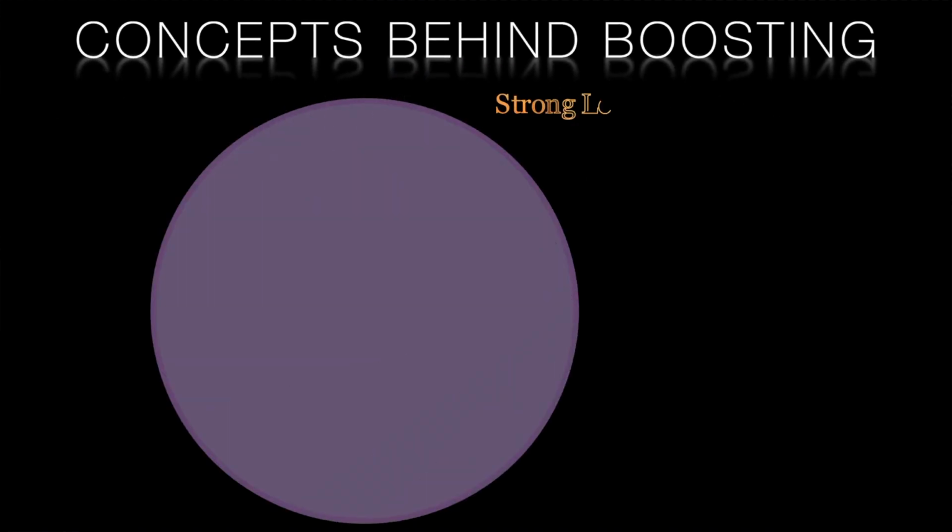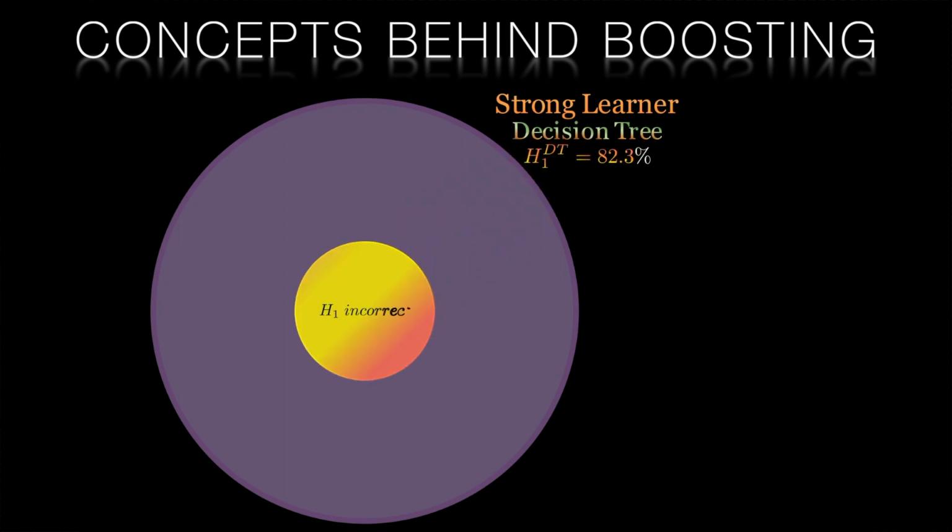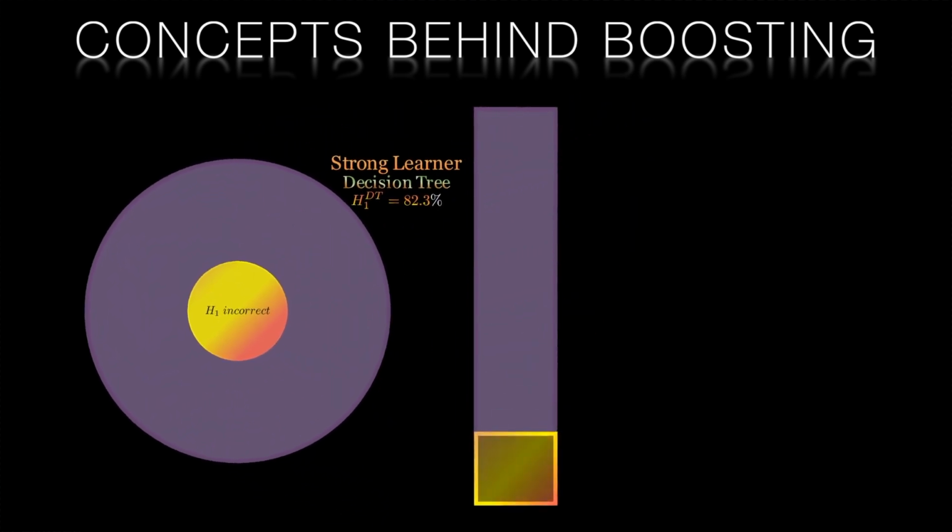Let's describe the key principles behind the boosting technique and then examine the details to see how boosting works in practice. Here we start with a decision tree labelled H1 that has a classification accuracy of 82.3%, meaning that in this sample it gets 82.3% correct and 17.7% of samples are misclassified.